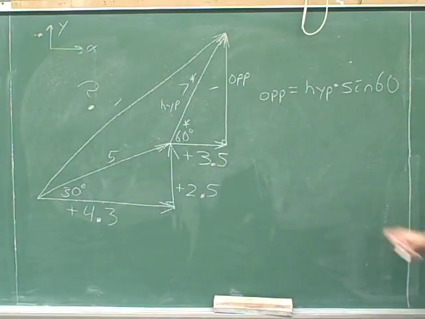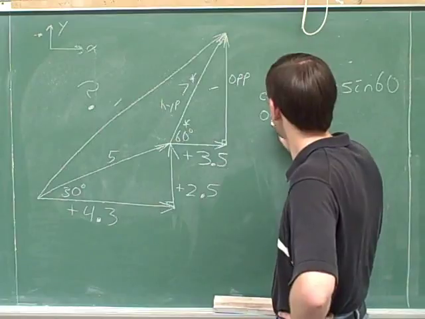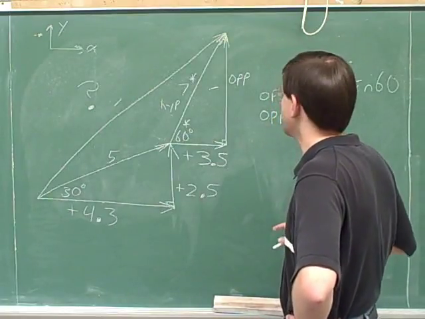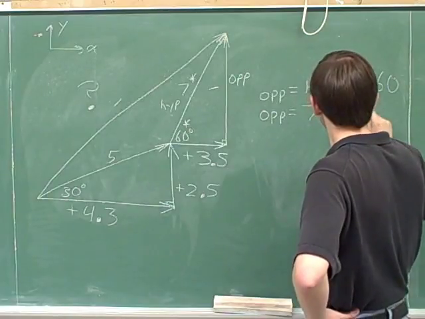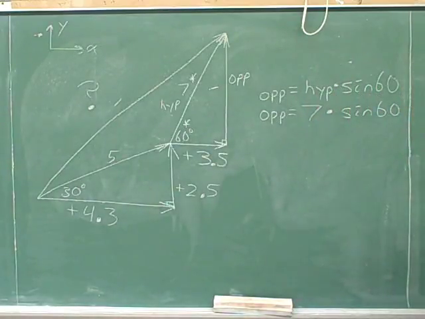Remember, the sine refers to the opposite side. The length of the hypotenuse is 7. We have 7 times the sine of 60. Doing that in our calculator, we would get the number 6.1.